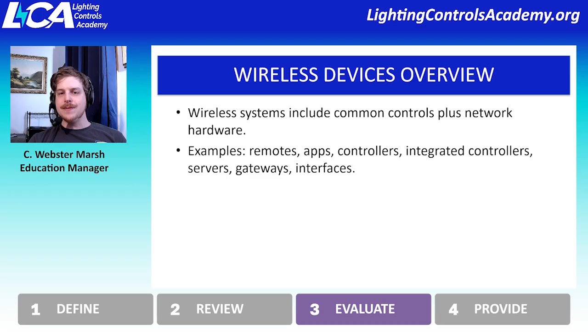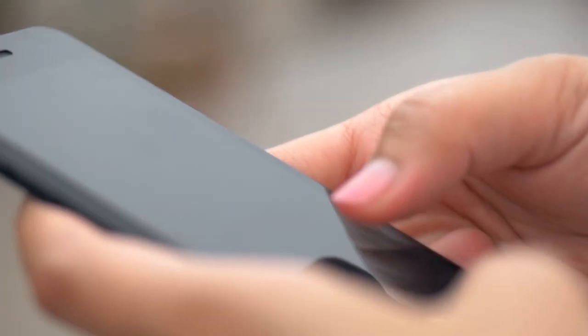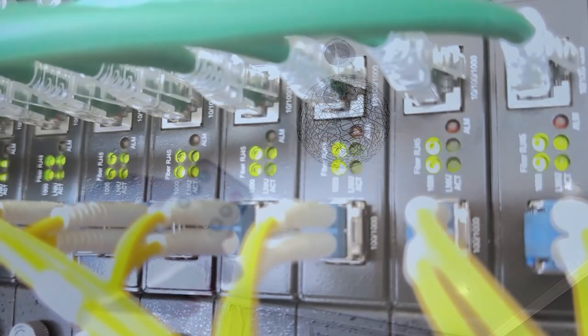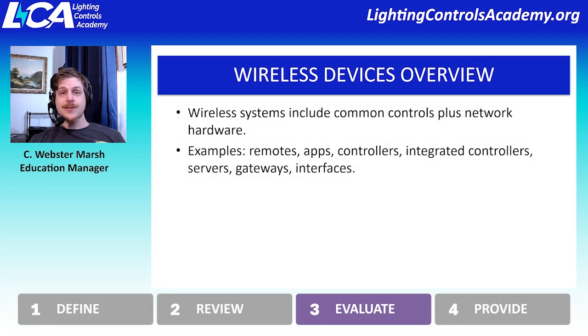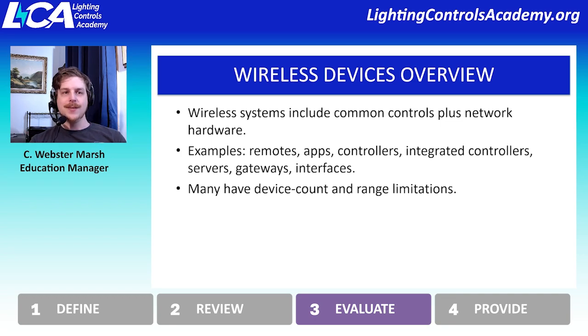Examples of devices you might see are remotes, apps, controllers, integrated controllers, servers, gateways, and interfaces. All of these are terms that we'll go over in a moment. But just like we talked about with the gateways, there are going to be device counts and ranges for each wireless device.